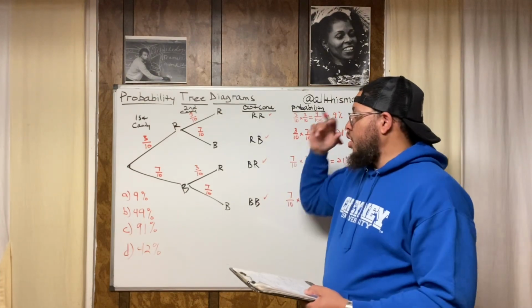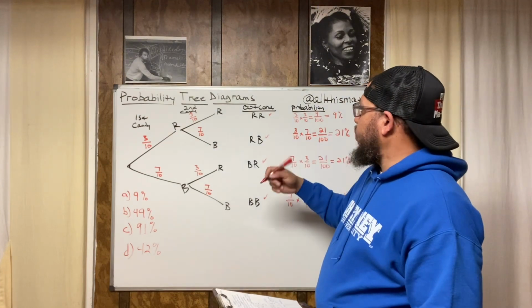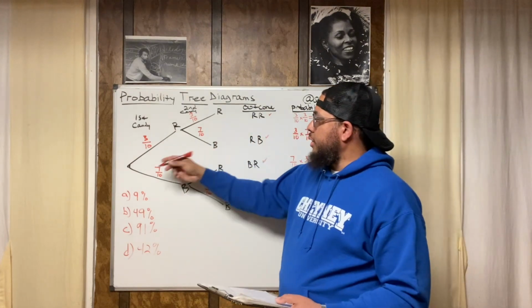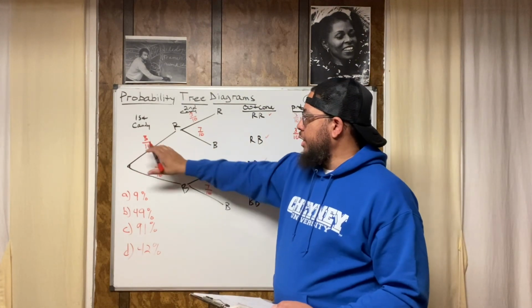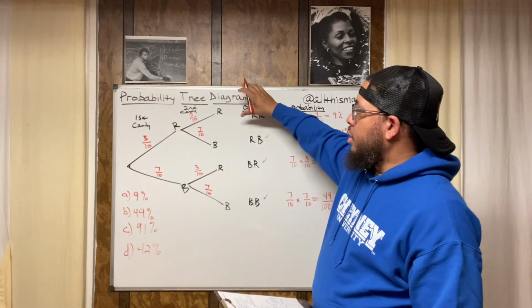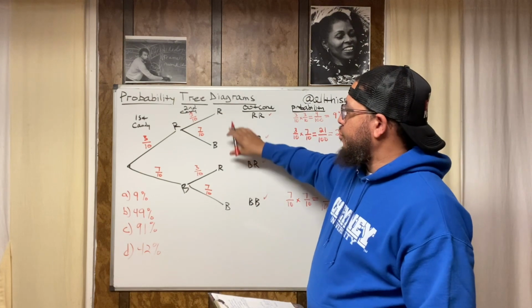Now, I'm going to do a video also, probably later today, where there's a scenario where there are three selections. So if there are three selections, you'd have one branch, then you'd have two more branches, and then you'd have four more branches, because each of the ends of these branches would each have their own branches.